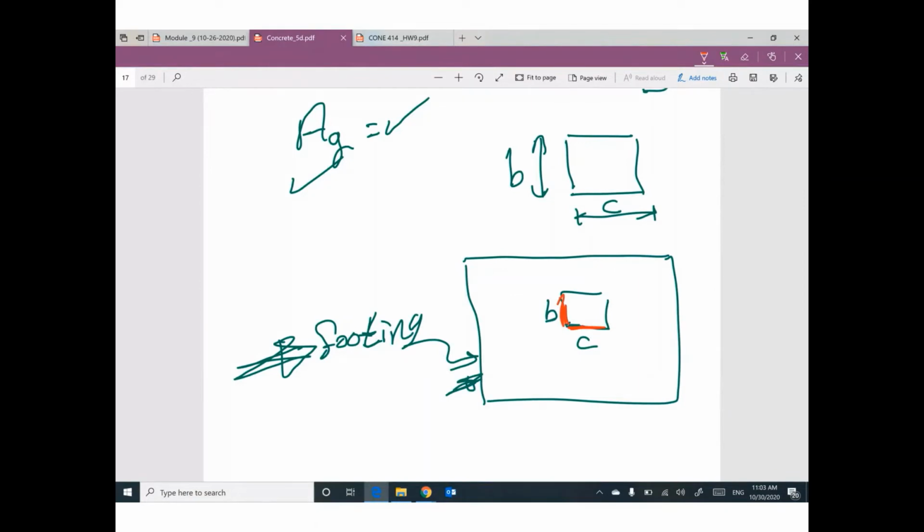And that makes sense. If you add d divided by 2 from here and d divided by 2 from here, the total length will be c plus depth. And if you add d divided by 2 from this side and d divided by 2 from this side, the total length here will be b plus depth. If you add this side plus this side plus this side plus this side, I can add this one times 2 and this one times 2. So I can figure out the perimeter of this area. That makes sense?